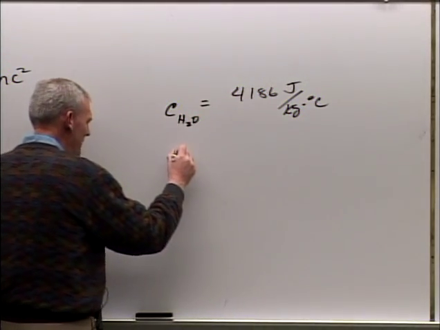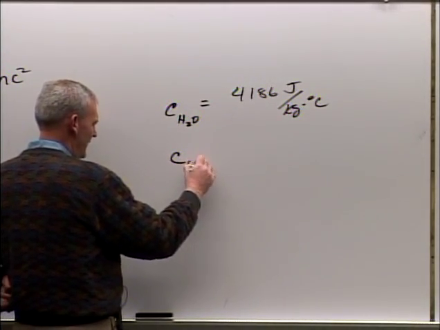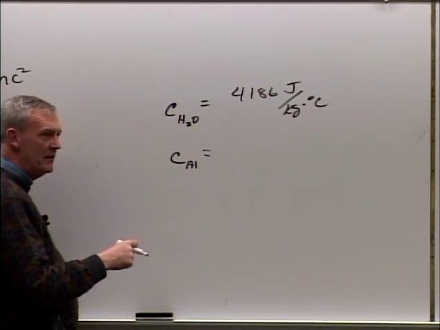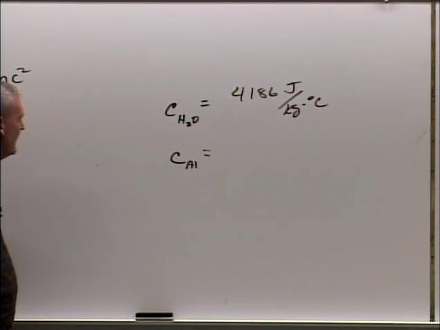Let's talk about what this means in something that might be more familiar. The specific heat for aluminum, yes? So that symbol is specifically C. What is it in chemistry? Delta H? Is it a small h or a big H?